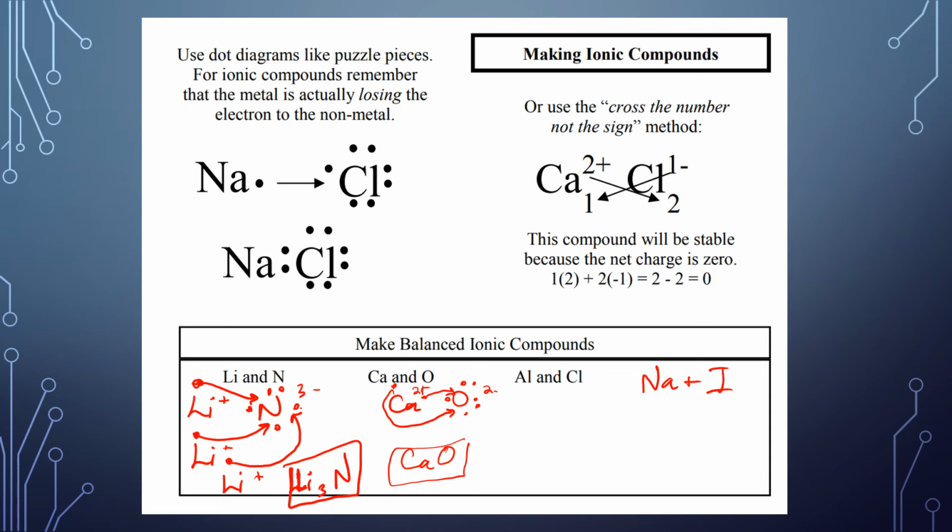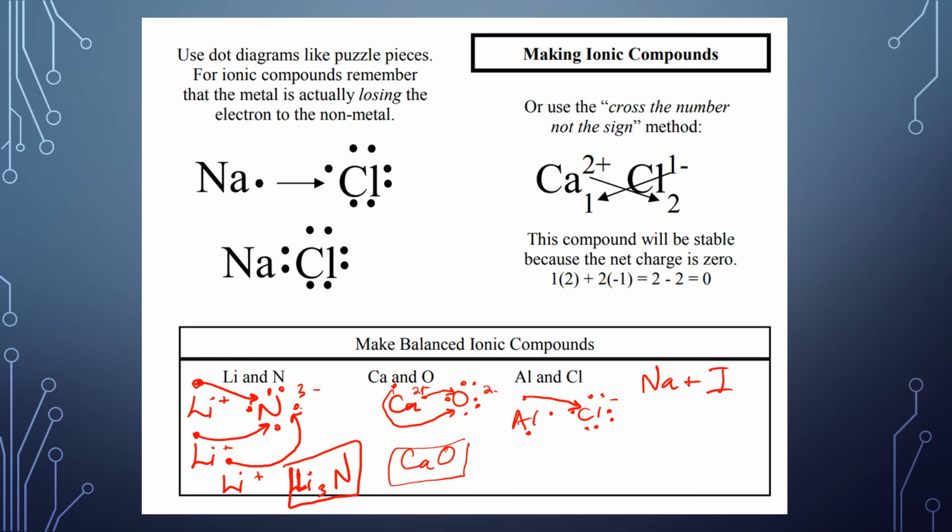Aluminum and chlorine. So aluminum has 3 dots, while chlorine has a total of 7. Aluminum is going to steal this one, and so chlorine now has 8, so it gained 1 electron, so it's 1 minus. However, you don't want free electrons like this, because those are very reactive, and therefore the compound will not be stable.